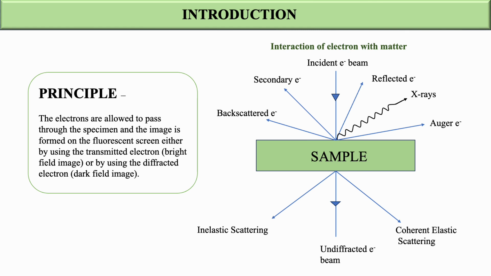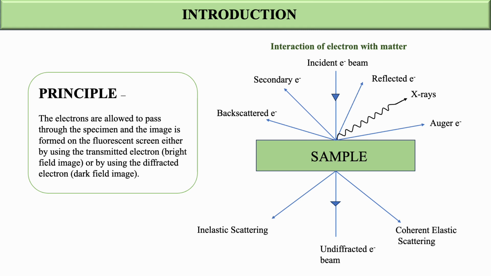Let's understand what happens when the incident beam falls onto the sample. An electron can either get backscattered or reflected, but it can also interact with the sample and eject an electron from the inner shell, creating a vacant orbital, which will be filled by an electron present in higher shells, while generating X-rays.